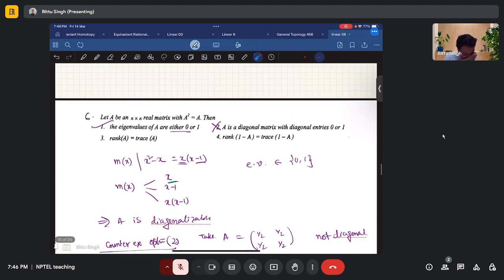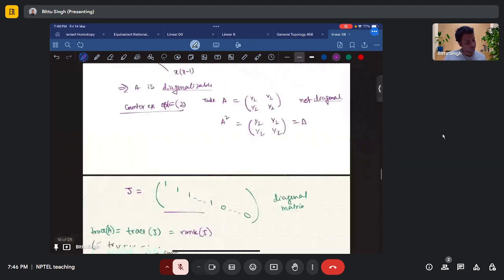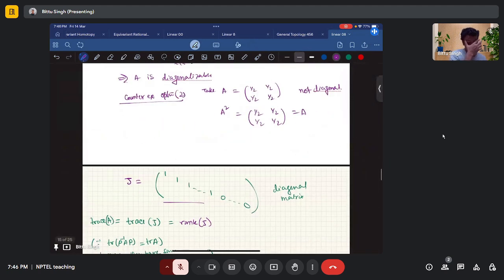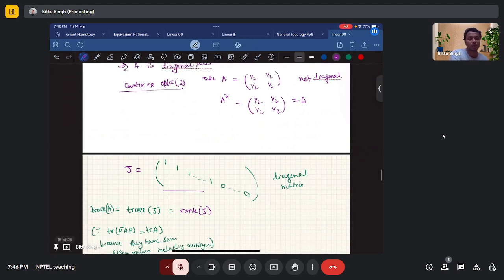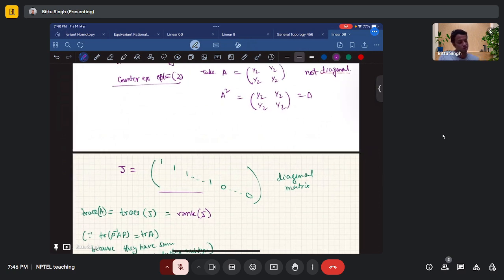But this is the same as the rank of J. I should mention the fact that rank can be directly obtained from the Jordan canonical form; just exclude the zeros.